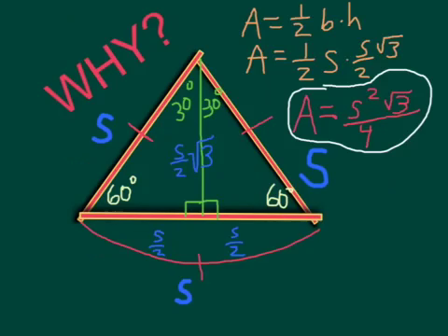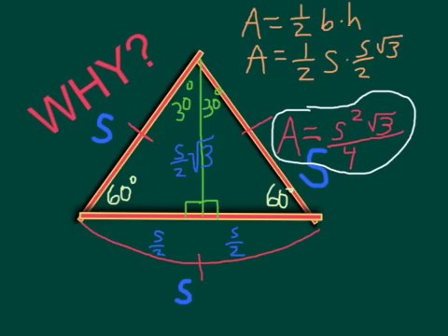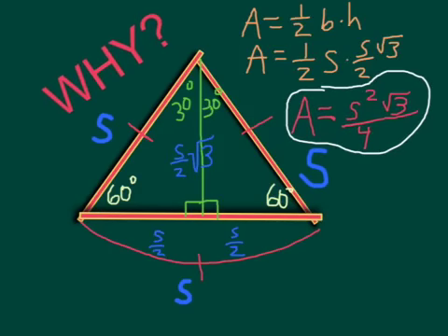Why is that? Well, you're probably looking at this slide and just freaking out, because there's all kinds of information. But basically what we did here was we drew an equilateral triangle. We have a side, and another side. And what we did was we dropped a perpendicular right through the middle.